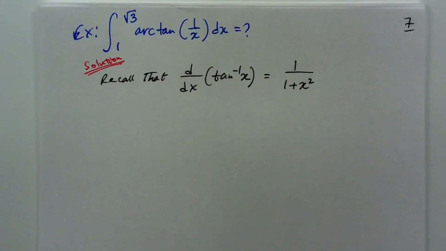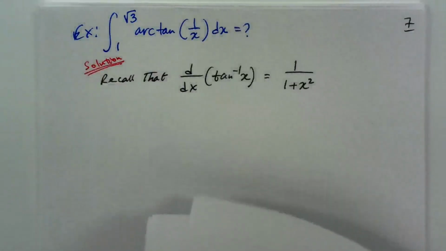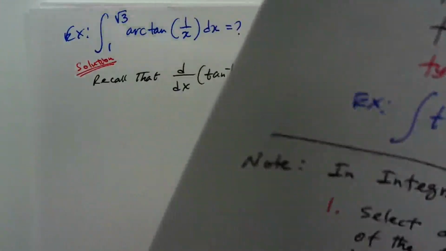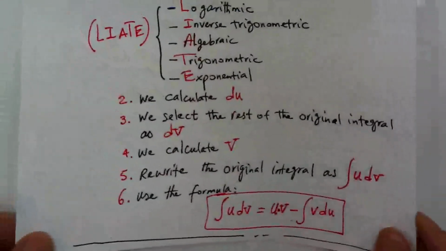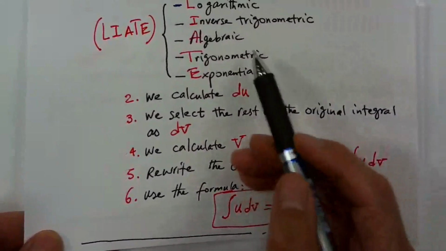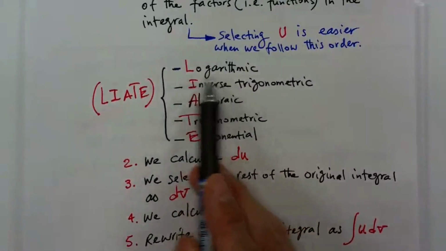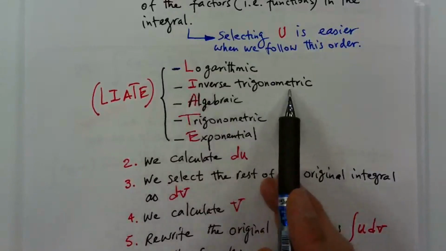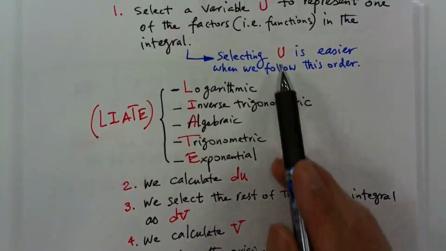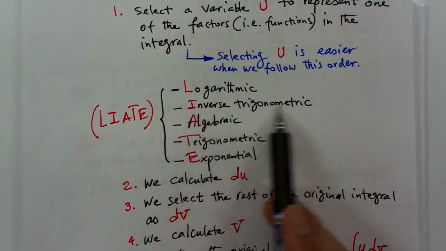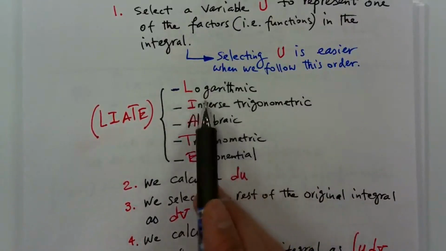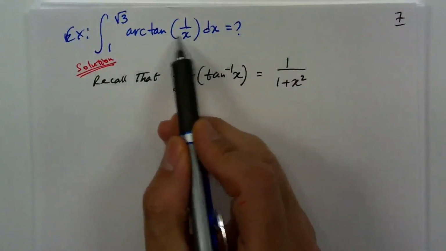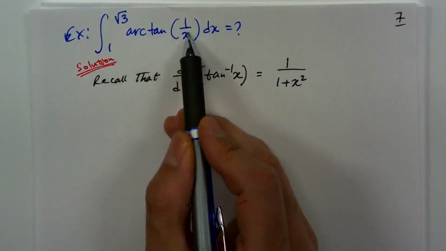The reason I say this is that if we look back at our list, after logarithmic functions, inverse trigonometric functions have the highest priority to be selected as u, right? They're second on the list. So we want to take all of this as our u.